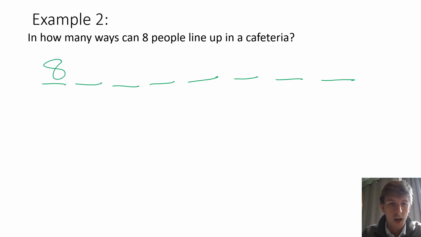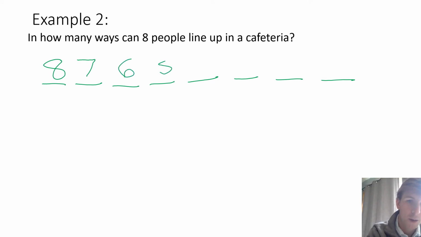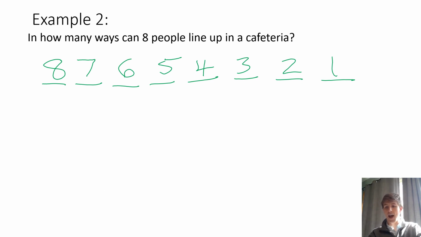For the second slot, since one of the 8 people already lined up in our first slot, we only have 7 people remaining. Going forward to the third slot, now 2 people have been taken up, so there's only 6 people remaining. You can start getting the pattern here: 5, 4, 3, 2, 1, until we get to that last person.